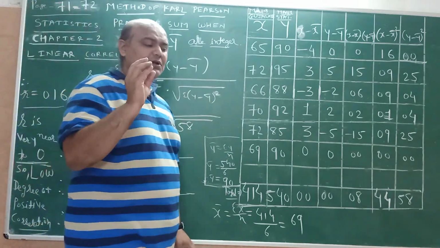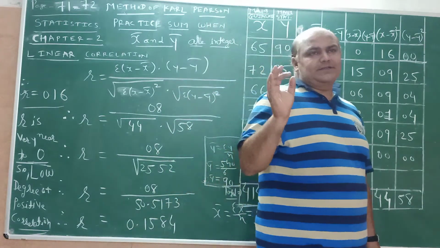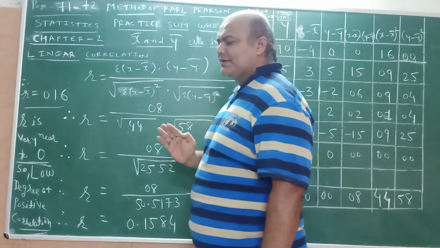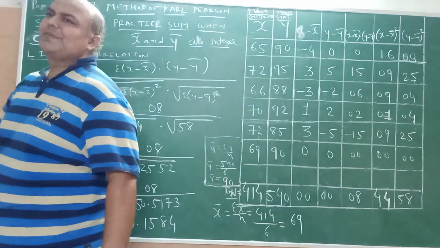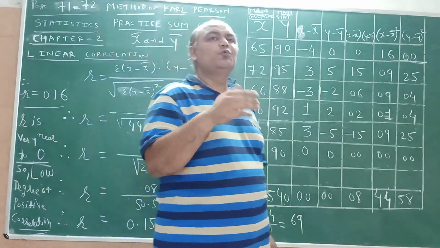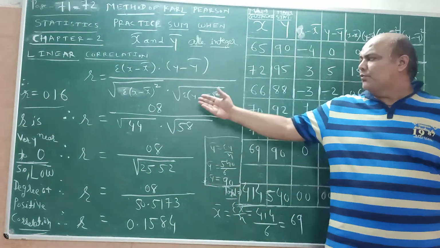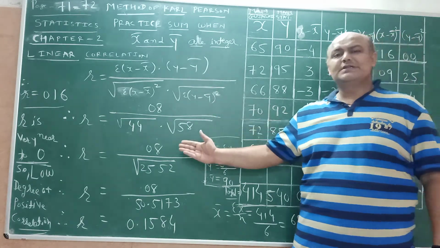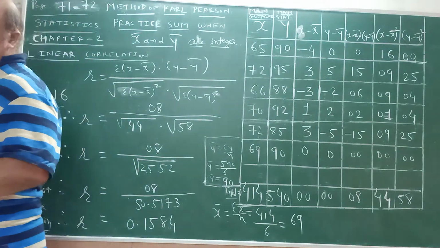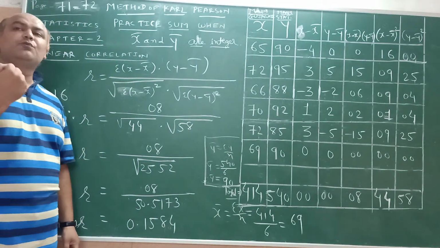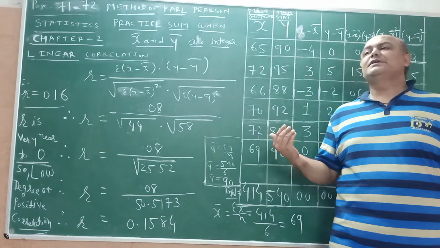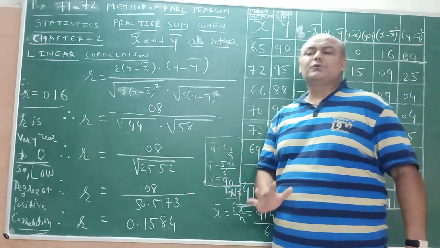And additional 5 columns are required: x minus x bar, y minus y bar, multiplication of both, that is x minus x bar into y minus y bar, x minus x bar square and y minus y bar square. Then we have to apply the formula. In the formula we have to put the values, do the simplification, do the calculation with your calculator and get the answer, and at last, because we want to get full marks, we have to write some interpretation of this particular correlation also.